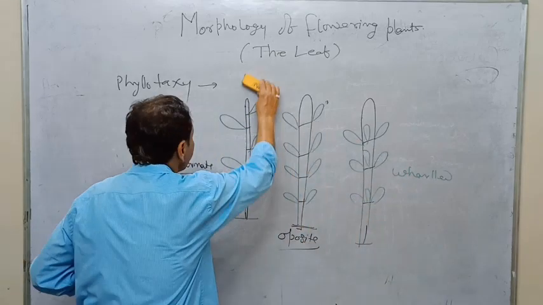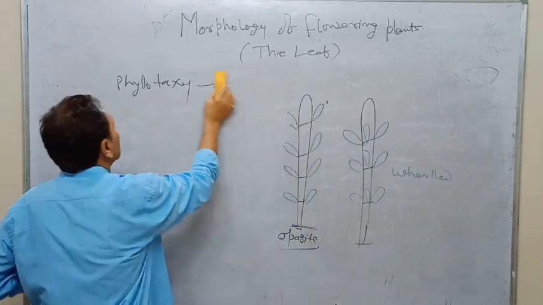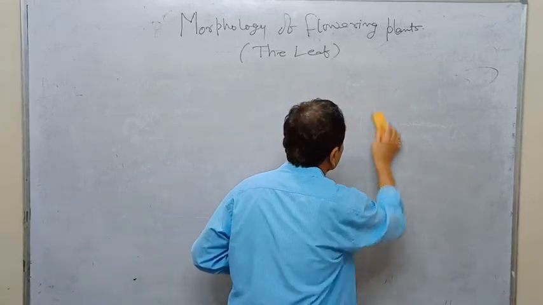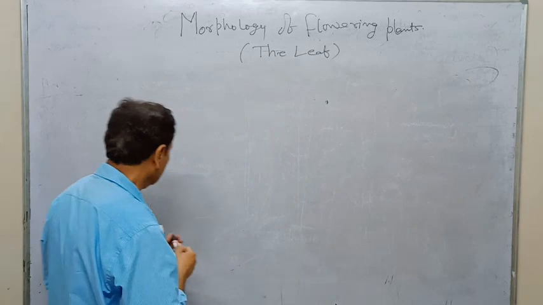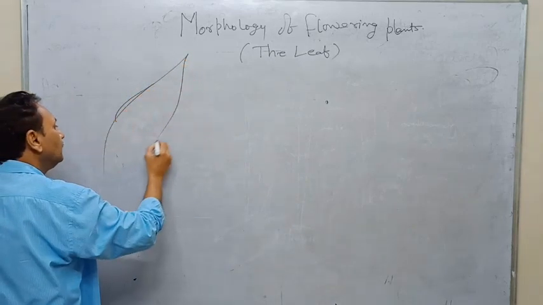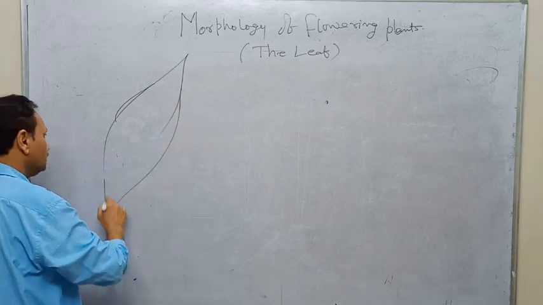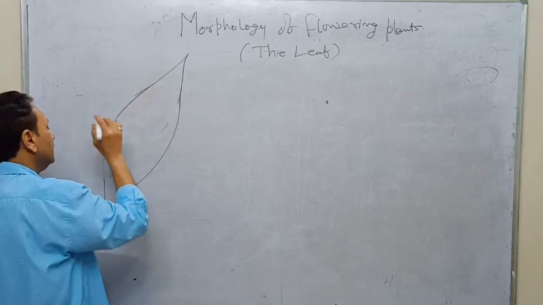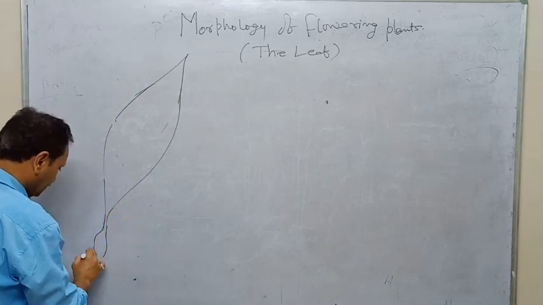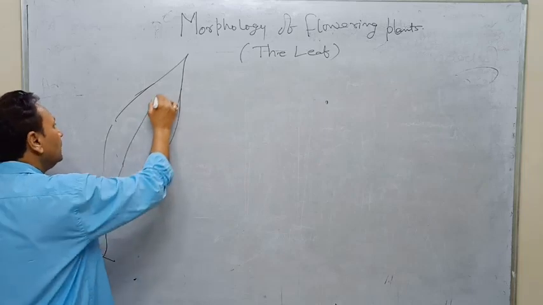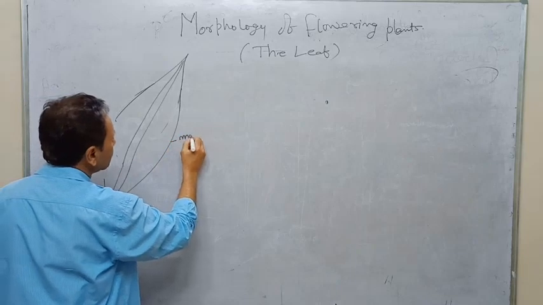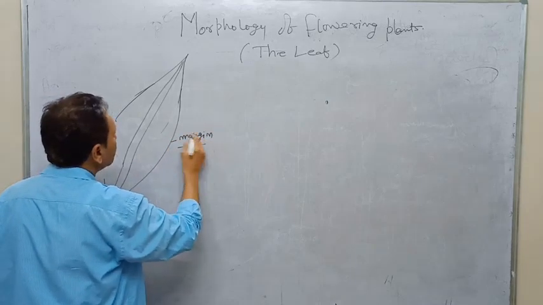Now, it has been observed that a typical leaf, like the leaf of the mango tree, has a pulvinus structure and a typical midrib, and the margin is intact.